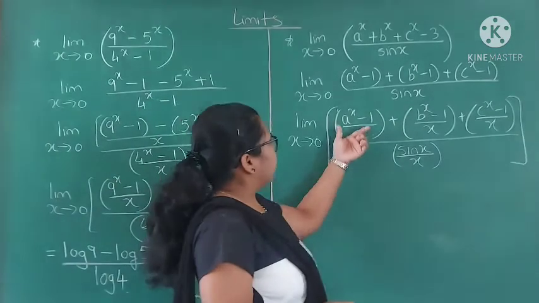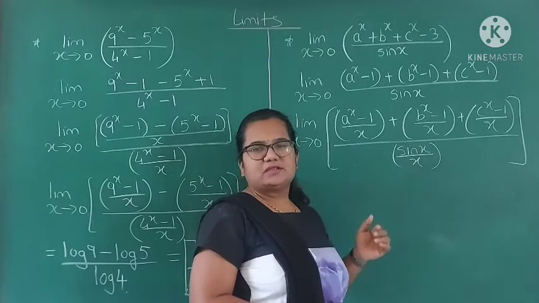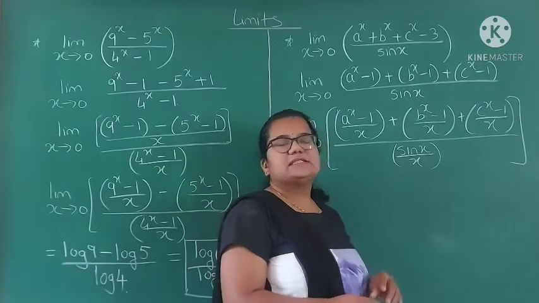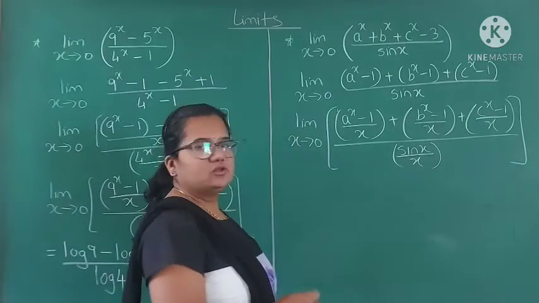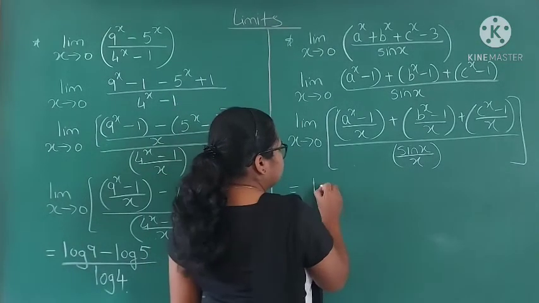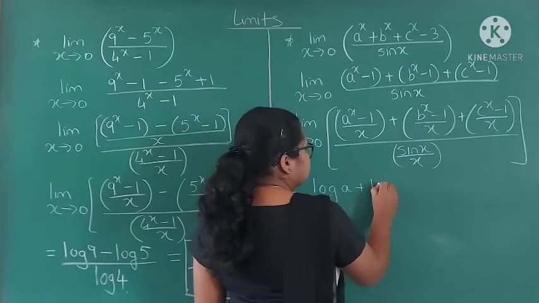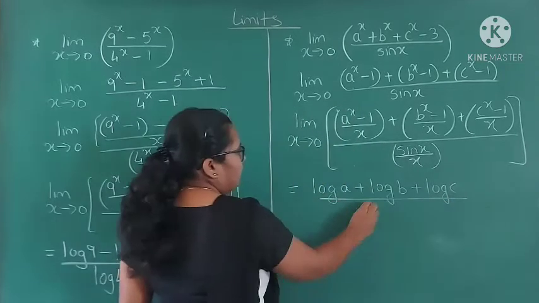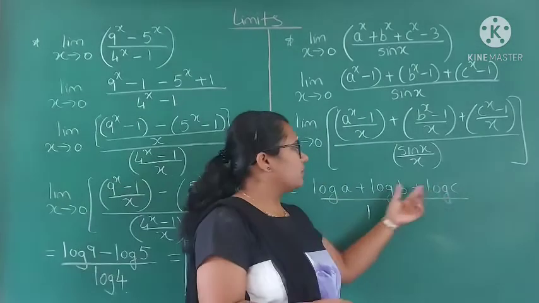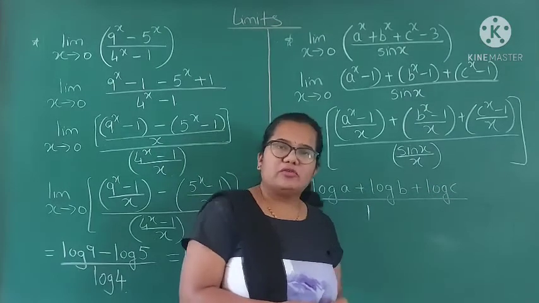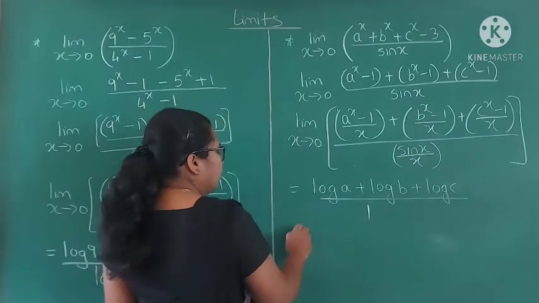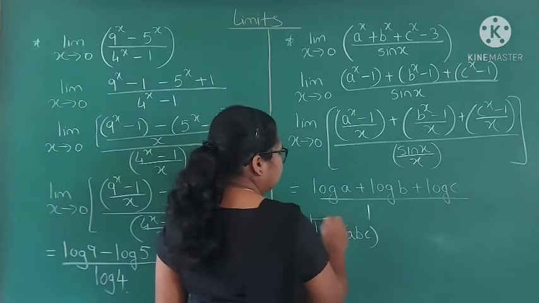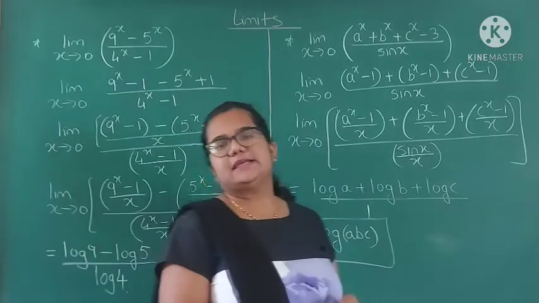So now this is a raised to x minus 1 upon x, b raised to x minus 1 upon x, and c raised to x minus 1 upon x divided by sin x upon x, and x is tending to 0. So we can apply the limit. This is log of a plus log of b plus log of c upon 1. Log a plus log b plus log c. According to the law of product, it is log of a into b into c. So log abc. So this is your answer for the given example.